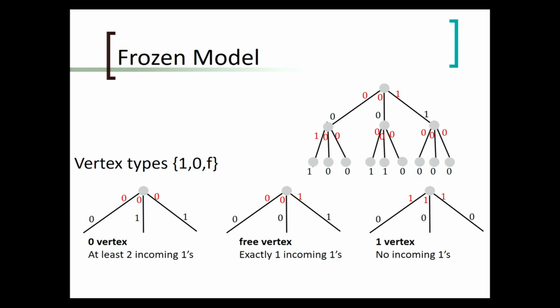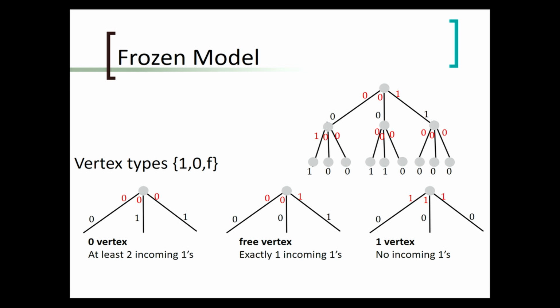Within this group, if a vertex is labeled as 0, that means that vertex is definitely not in the independent set. Something will be called a zero vertex if it has at least 2 incoming 1 messages, and so all the outgoing messages are 0. On the other hand, it will be called a 1 if all the outgoing messages are 1, equivalently, the only incoming messages are 0, and that means definitely in the independent set.